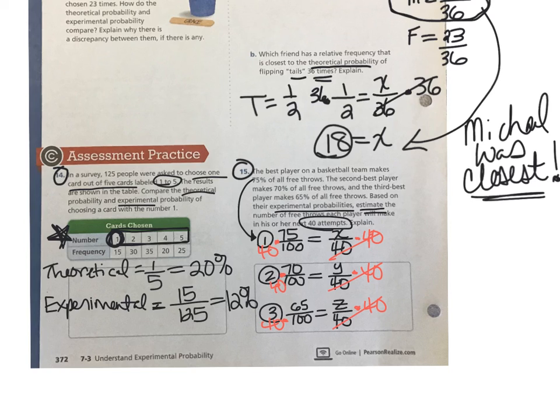In the case of player number 2, we have 40 times 70 divided by 100. In the case of player 3, we have 40 times 65 divided by 100. So let's figure out how many free throws that would be for player 1, player 2, and player 3. In this case, player 1 would be expected to make 30 out of the 40 free throws. Player number 2 would be expected to make 28 out of the next 40 free throws, and player number 3 would be expected to make 26 out of the next 40 free throws.